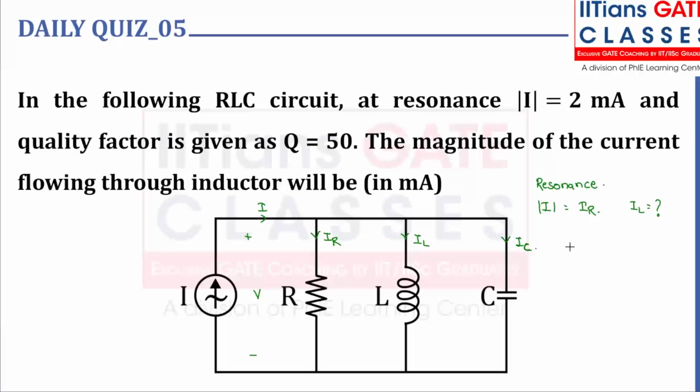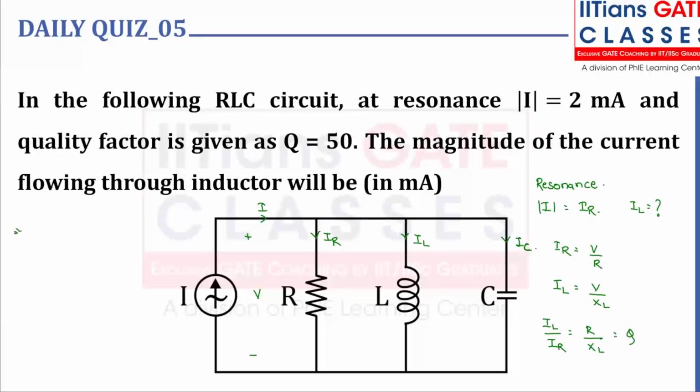Okay, so IR magnitude wise will be V by R, and IL magnitude wise will be V by XL. So if I take the ratio of these two, IL by IR will be R by XL, and R by XL is your quality factor.